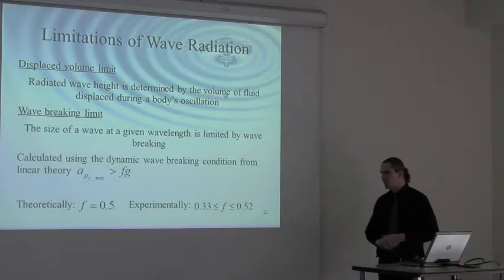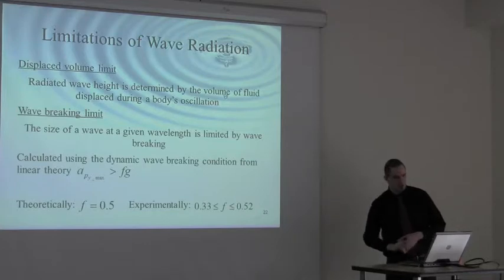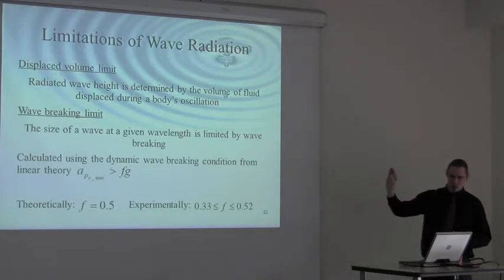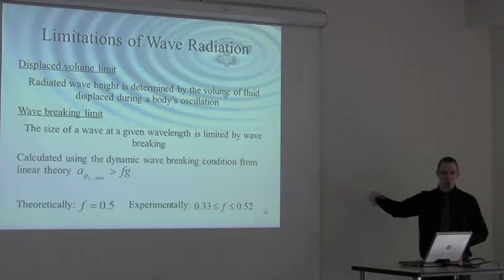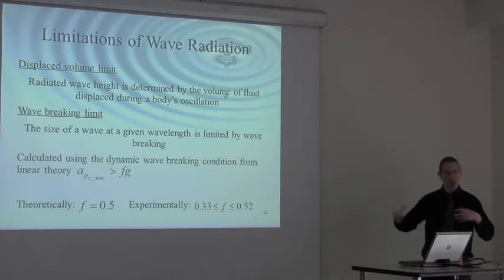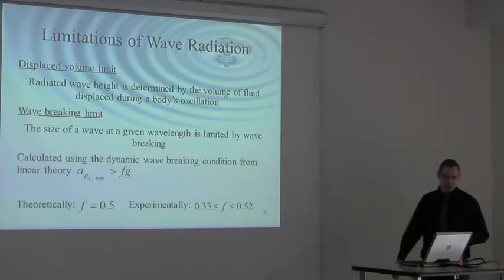So I ended up with the dynamic wave breaking condition, which is that at the top of a wave, the acceleration of that point must be greater than some factor of gravity to cause breaking. Theoretically, when you look at Stokes waves, which isn't quite linear wave theory, the fudge factor turns out to be 0.5.